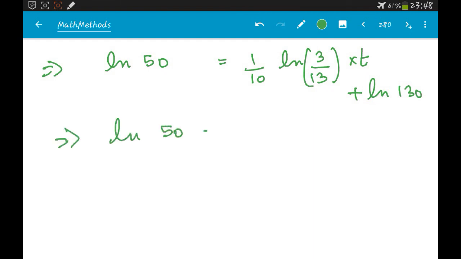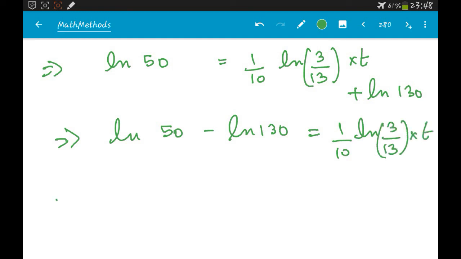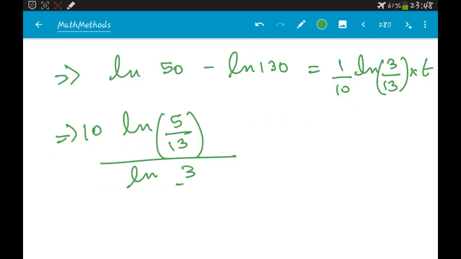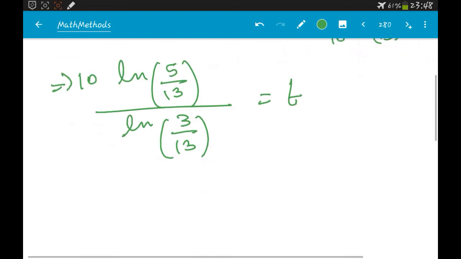So ln 50 minus ln 130, so ln(5 by 13), times 10 by ln(3 by 13), is equal to t, right?